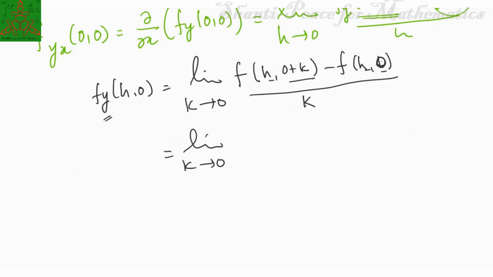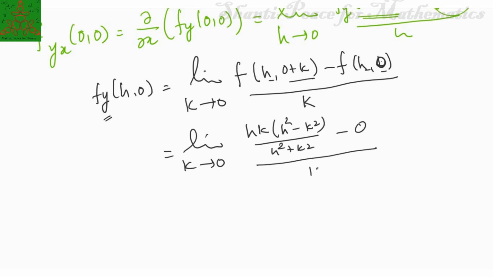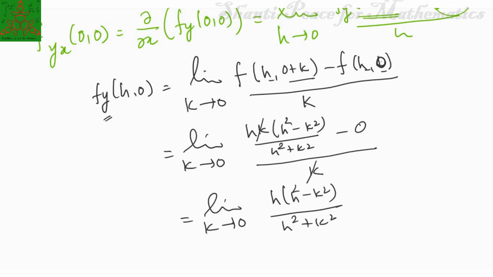As per the definition of the function, it is h k into h square minus k square upon h square plus k square. f at (h, 0) is 0, so that is 0 upon k, and we notice this k is cancelled out. So finally we have limit k tends to 0 of h into h square minus k square upon h square plus k square. As k tends to 0, this will be h cube upon h square, so that is h. So finally what we have is fy at (h, 0) equals h.